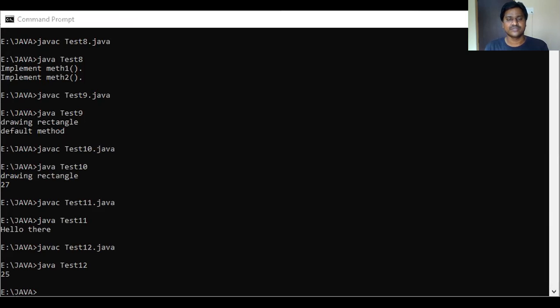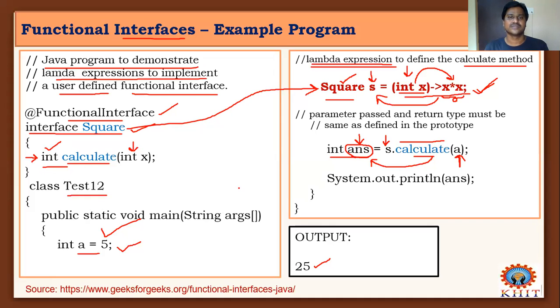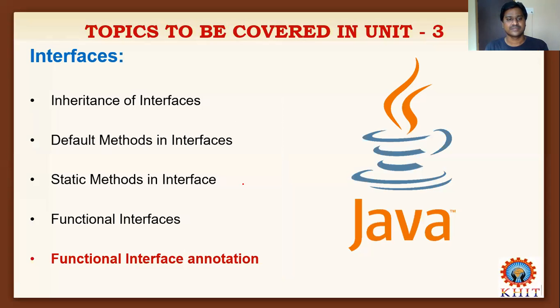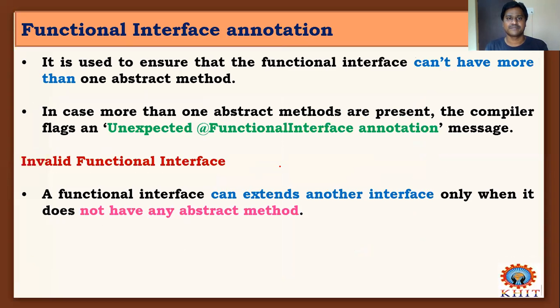We can use these functional interfaces to create implementations of lambda expressions that implement a user-defined functional interface, right? And next one, the FunctionalInterface annotation. This is also something we need to keep in mind when we are working with functional interfaces.